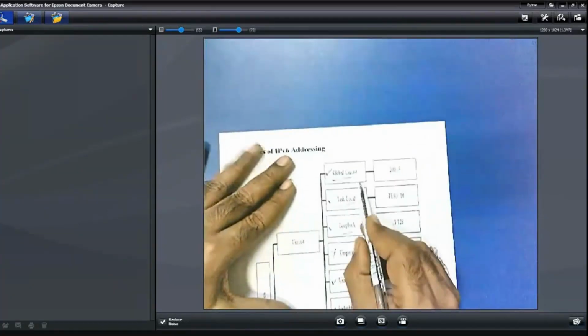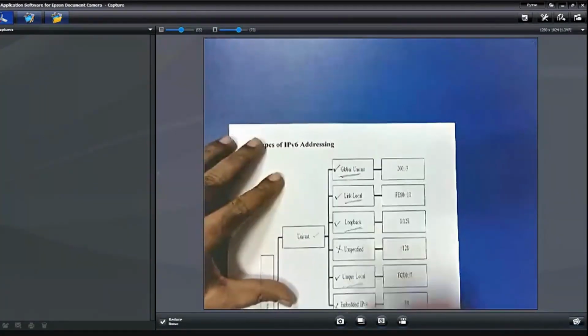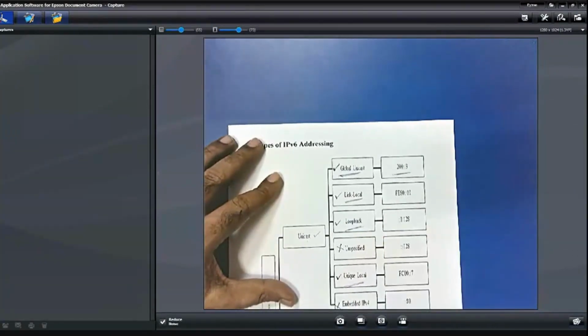Teacher, how will a global unicast IP address look? The global unicast IP address will always start with 200. Note it down: 200::/3.